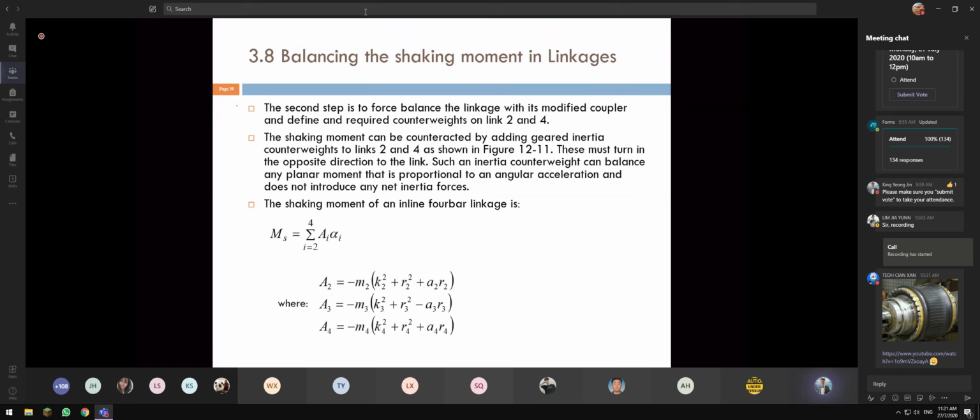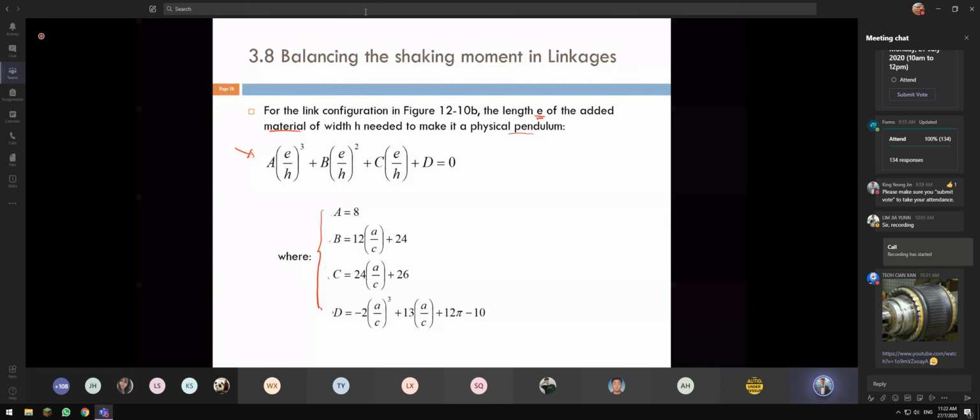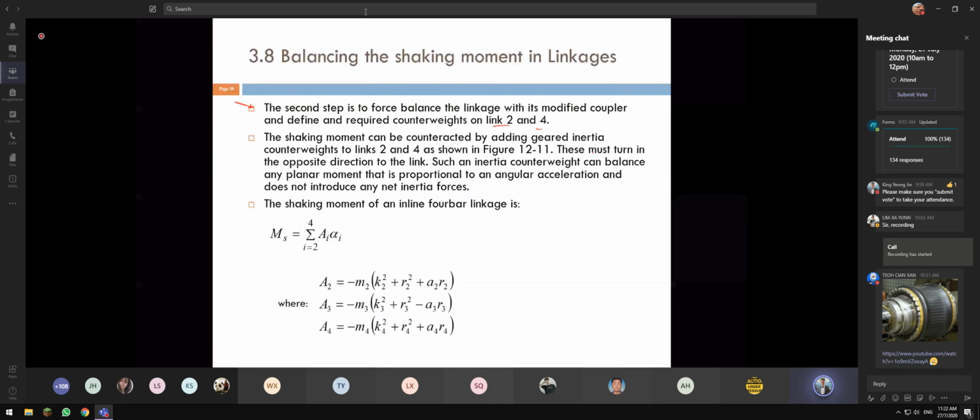Then the second step is to force balance the linkage with this modified coupler and define the required counterweights of link 2 and link 4. The shaking moment can be counteracted by adding a gear inertial counterweight to links 2 and 4, as shown in figure 12-11.